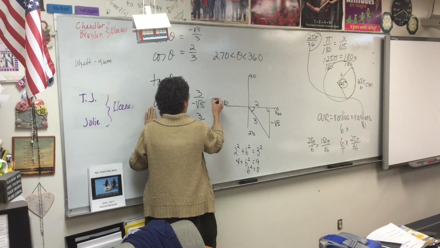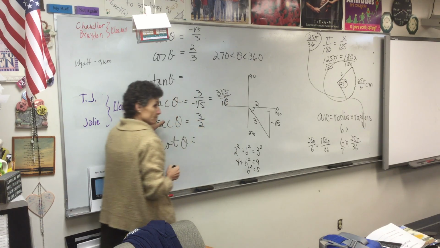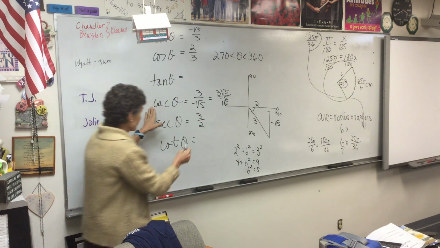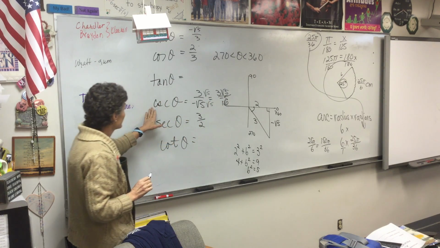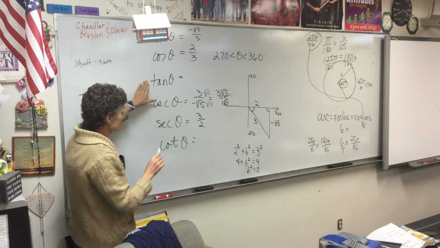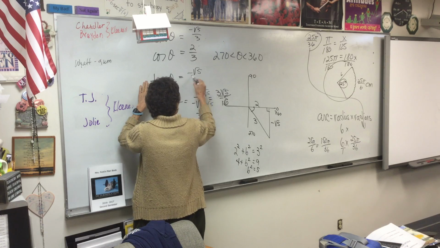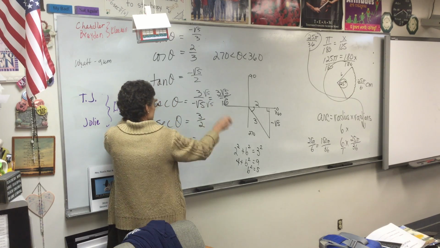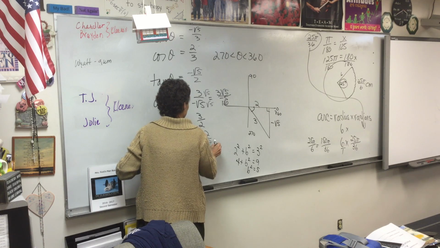But we'll multiply top and bottom by root 5 and get 3 root 5 over negative 5. How about the tangent? What's the tangent? Negative root 5 over 2, opposite over adjacent, which means the cotangent is negative 2 over root 5.